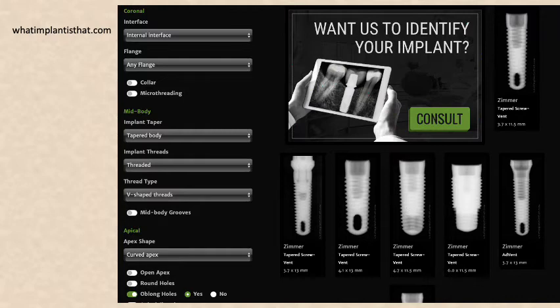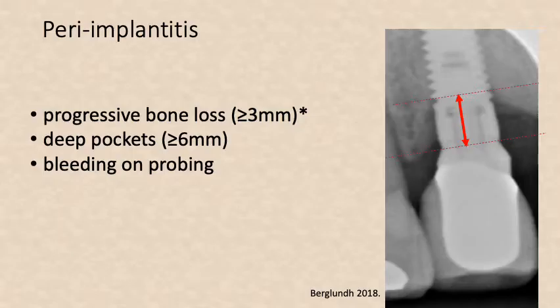Let's say this previous implant was a Zimmer TSVT, and therefore you can count the number of threads on this particular implant that you have at hand, and oh, it's 13 millimeters. So you go back and you can identify that this 13 millimeter implant is the entire length, and by ratios you can find the amount of bone loss happening.